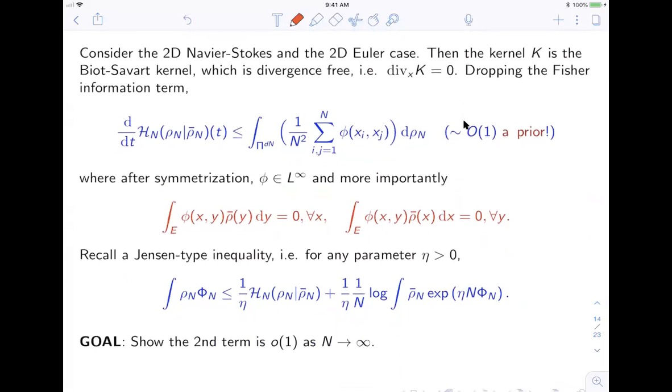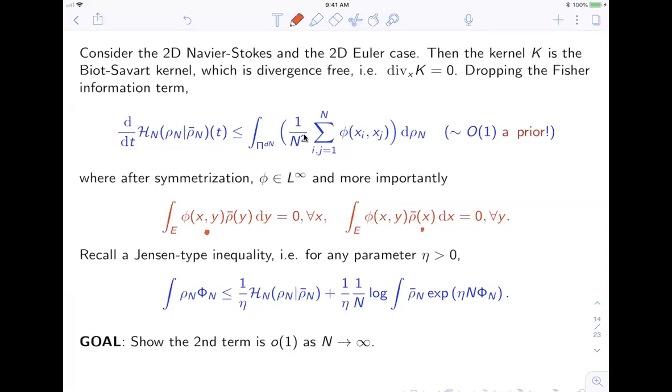In our case, you don't need to know everything about large deviations. We just note that our choice of phi has two cancellations: if you integrate with x or integrate with y, you have a cancellation.